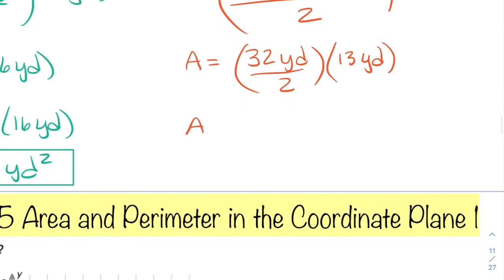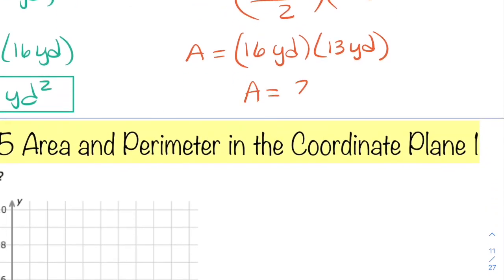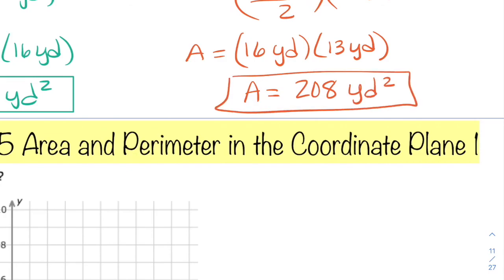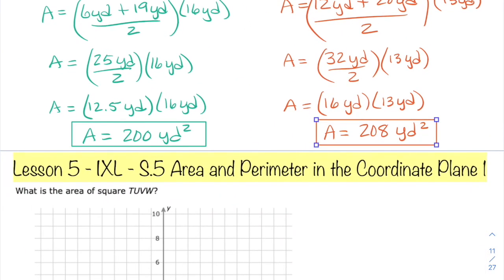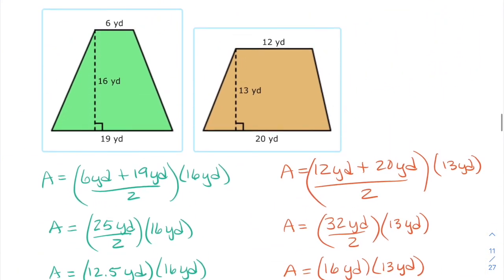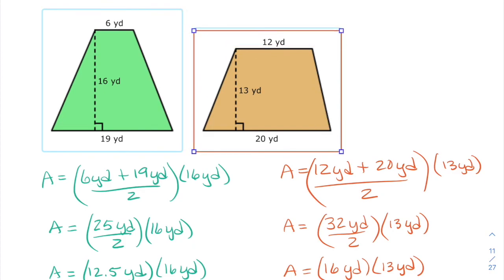Half of 32 is 16 yards times 13 yards. And that ends up being 208 yards squared when we multiply them together. So I think it's clear that the one in brown is the largest, has the largest area.